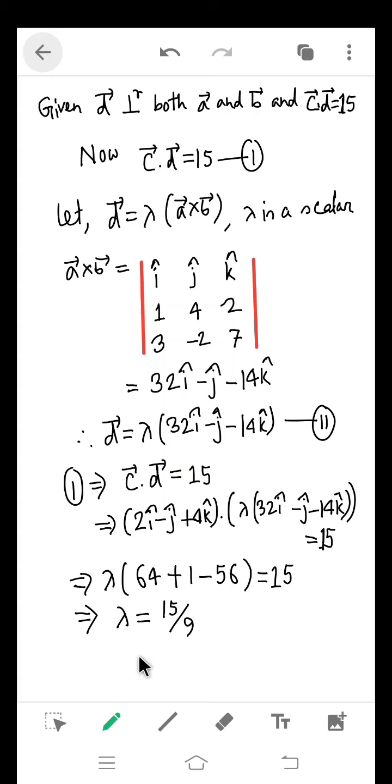You can cancel it, so finally lambda is 5/3.